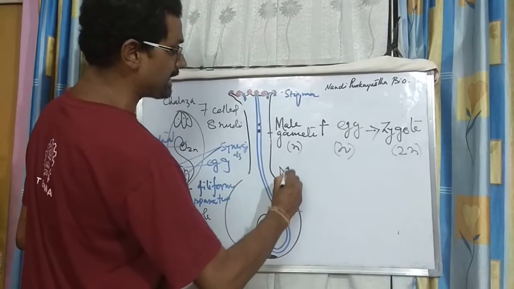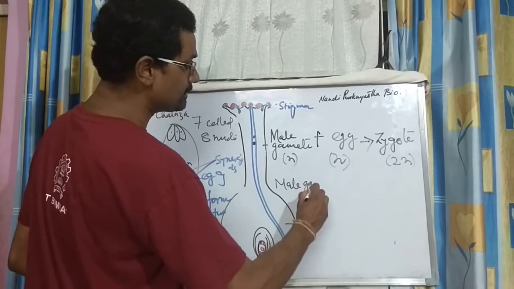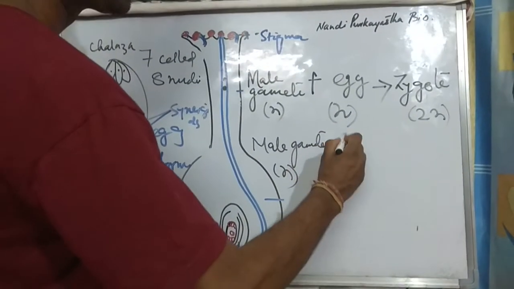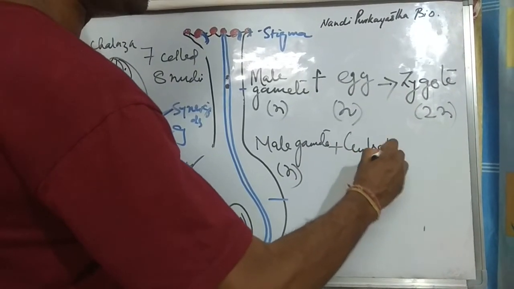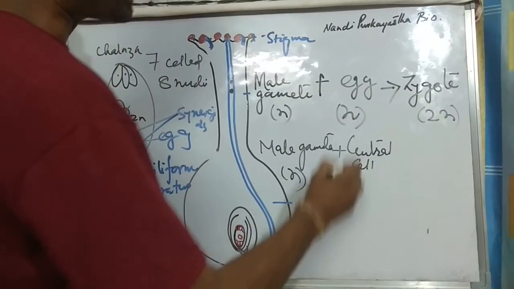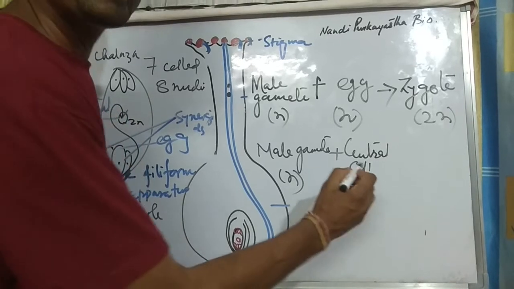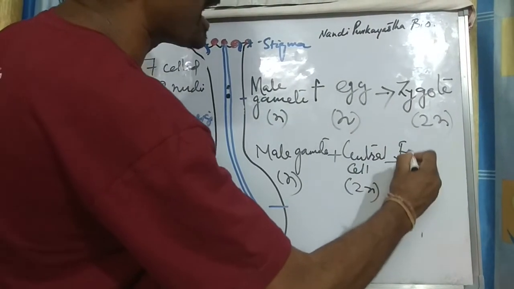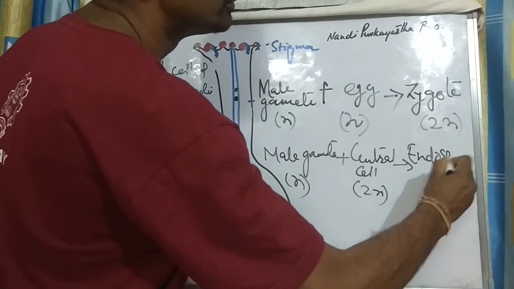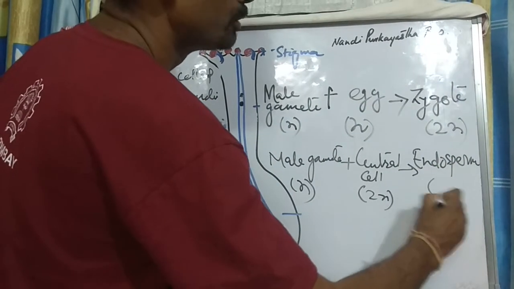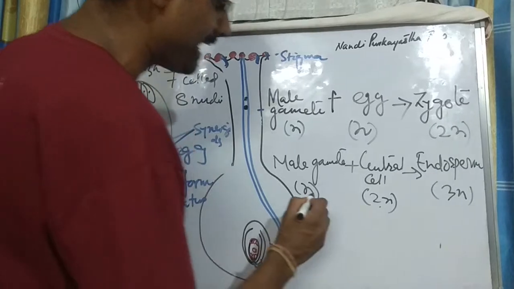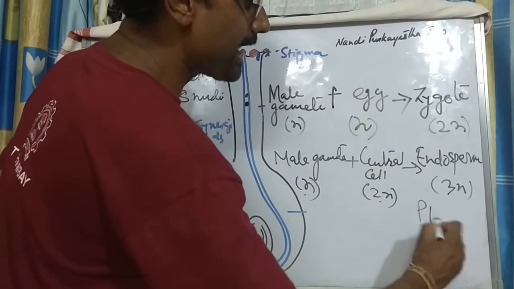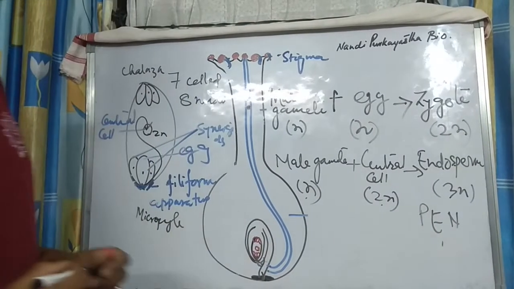So this male gamete, n, plus the central cell, which is not n but 2n, leads to the formation of endosperm, which is 3n. 2n plus n gives 3n. So it is also called the primary endosperm nucleus.